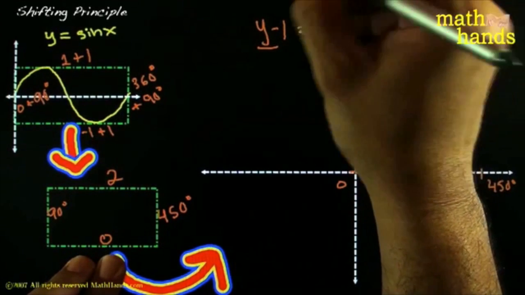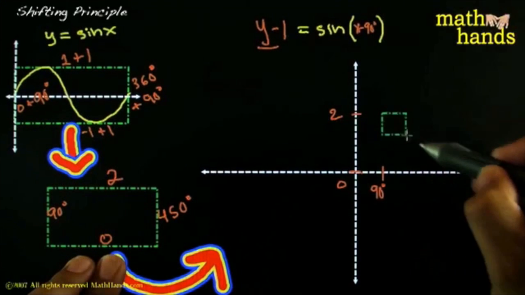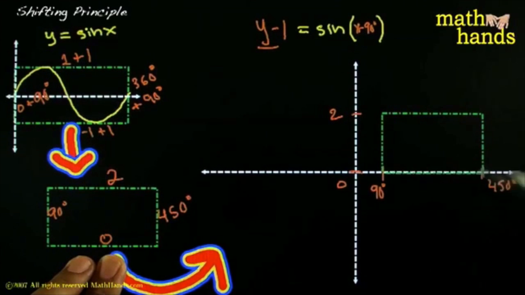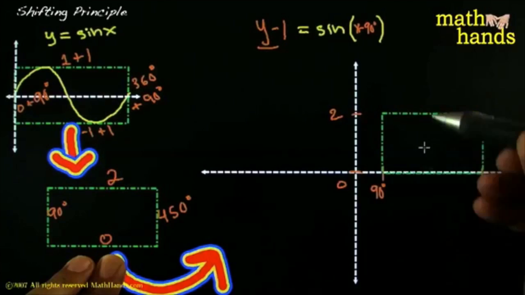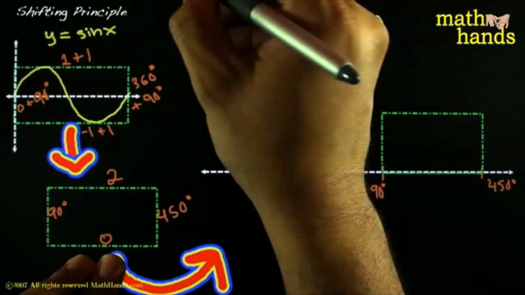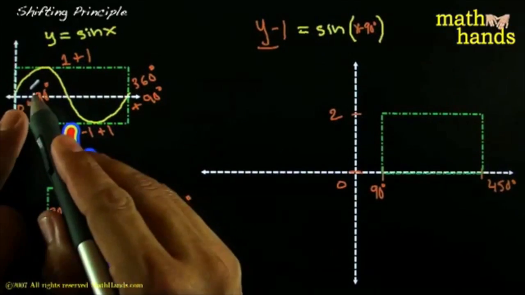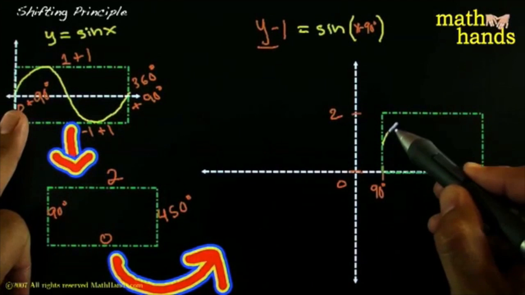So the box would fit somewhere nicely right around there, from 90 to 450, from 0 to 2. And now all I gotta do, there was no flipping going on here, so I just draw it exactly as it is here. I draw it again.